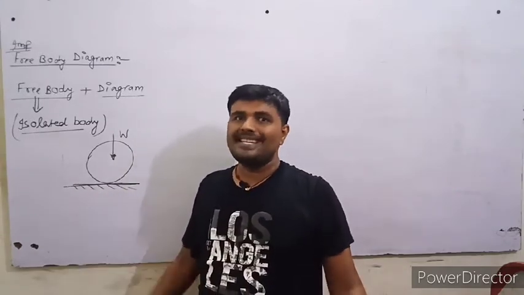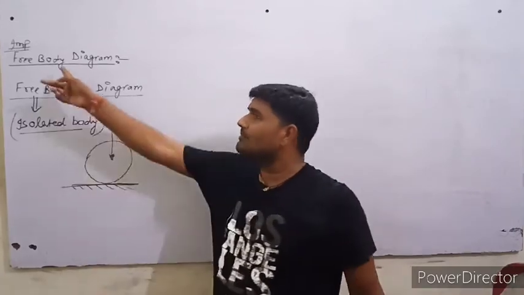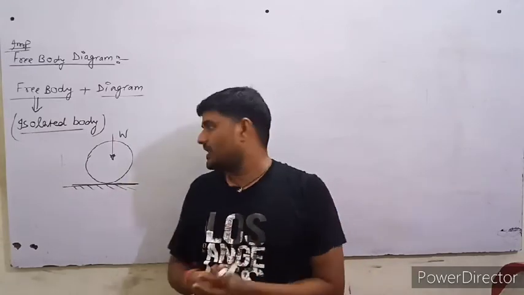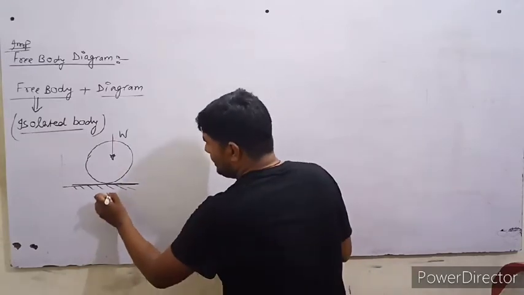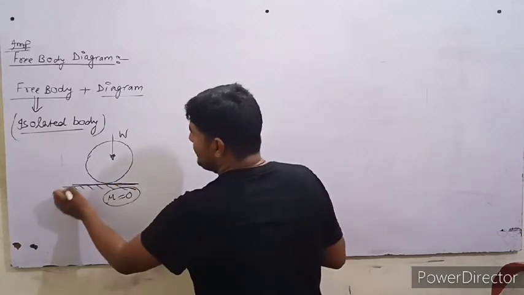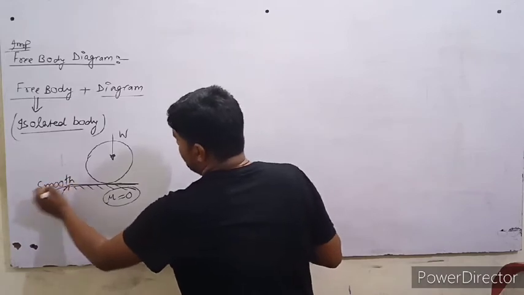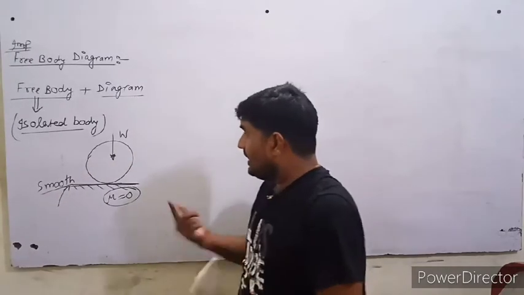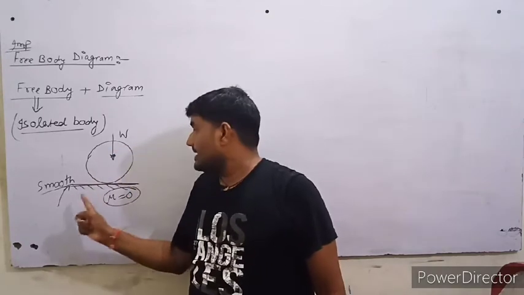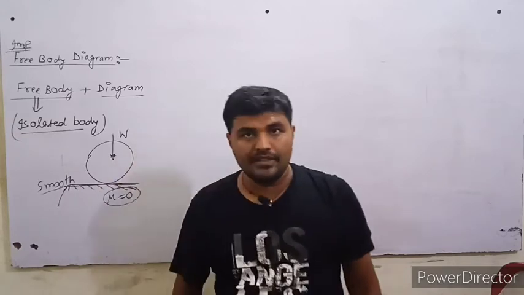This surface may be smooth or rough, but here we will assume the surface is smooth. There is no friction, that is, the coefficient of friction is equal to 0. So I have a ruler of weight W resting on a smooth horizontal surface, as shown in the figure.